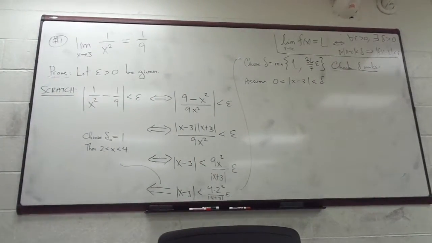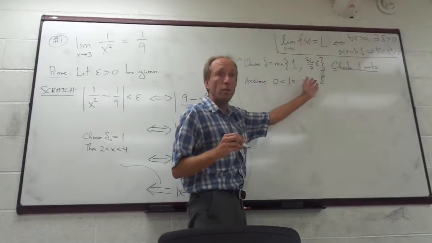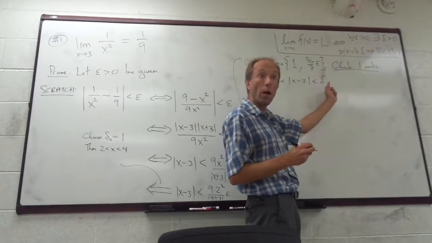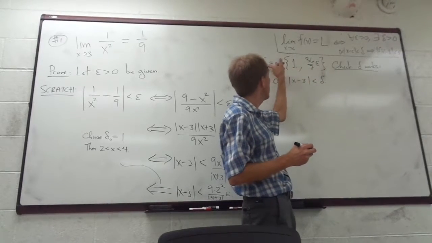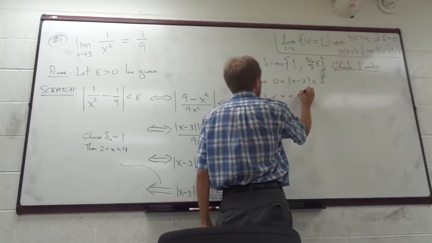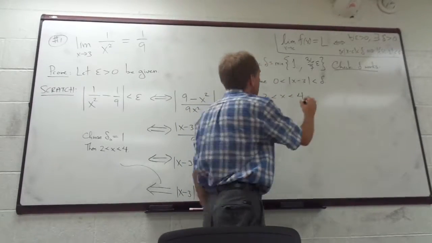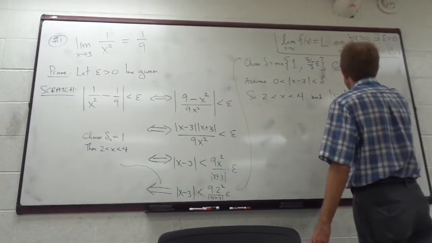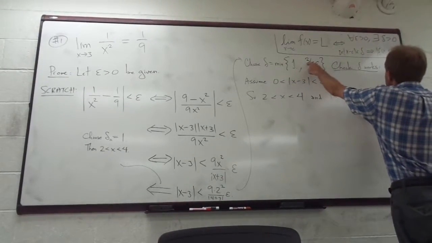Assuming that, we know, for example, that the absolute value of x minus 3 is less than 1, because delta is at most 1 here. So 2 is less than x is less than 4, right? And the absolute value of x minus 3 is less than 36 over 7 times epsilon.